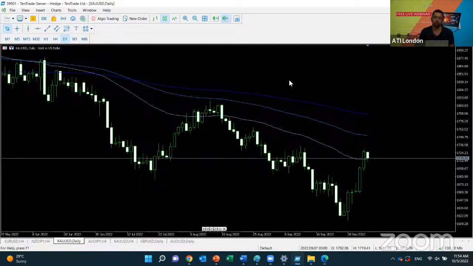Most importantly, within the movement of lower highs and lower lows, we are looking at a lot of bearish candles in comparison to bullish candles. So that entire area has been dominated by bears or sellers.